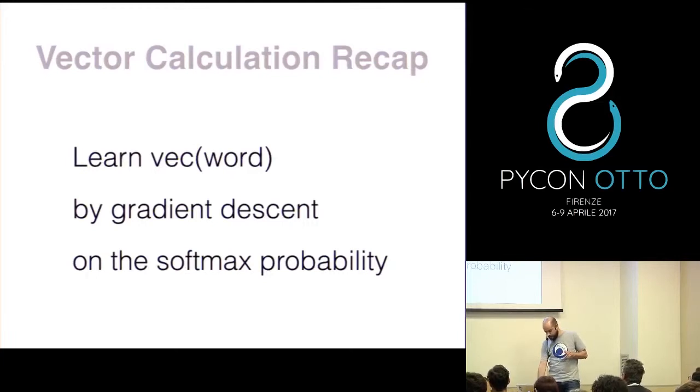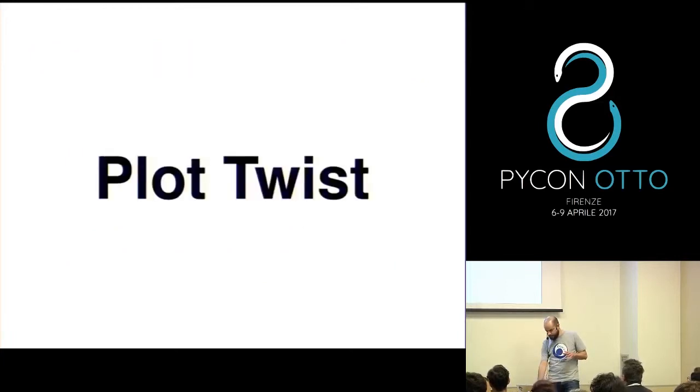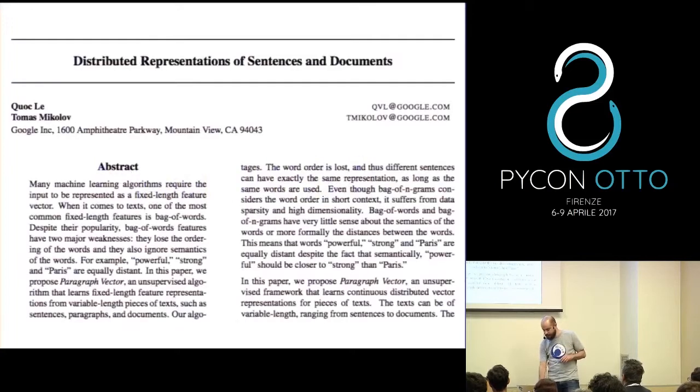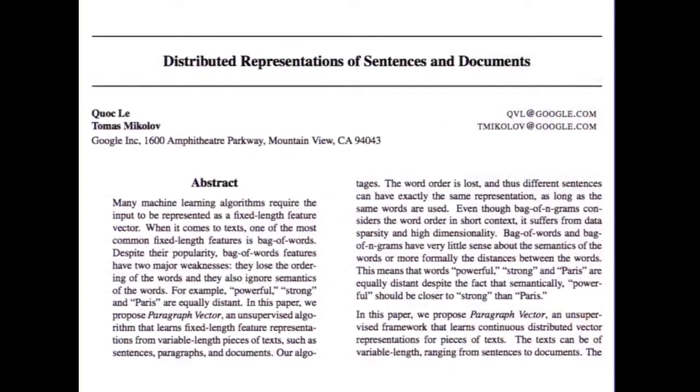And if you're not scared about this theory yet, there's a little bit of a twist. These guys wrote some follow-up work to create distributed representations of sentences or paragraphs or documents. So the focus here is we can learn vectors for documents.